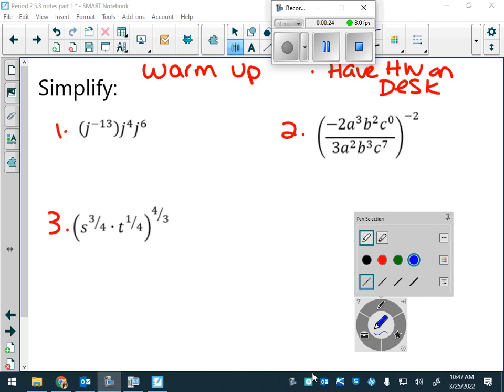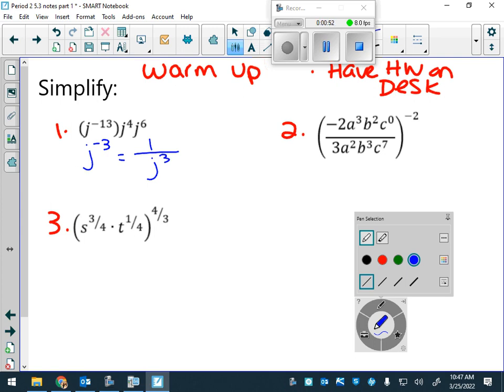Okay, be careful, because what are we doing with all these exponents? Right, because there's no power that you're raising it to, so you're just adding these. So we have negative 13 plus 10, which gives you j to the negative third, 1 over j cubed.